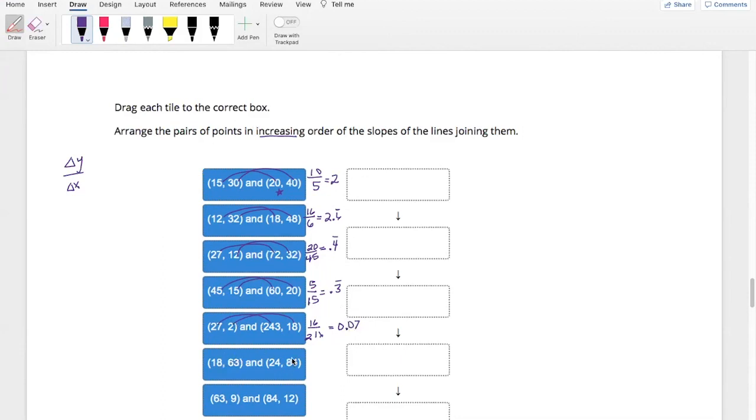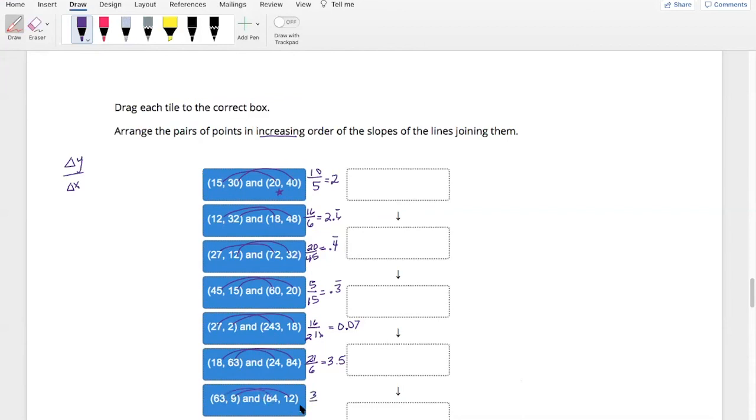All right, this next one, 84 minus 63 for our change in y's. So 21 is our change in y values. Change in x would be 6, 24 minus 18. And that's going to come out to exactly 3.5, since I'm using all decimals here. And then our last one, change in y values, 12 minus 9 is 3.